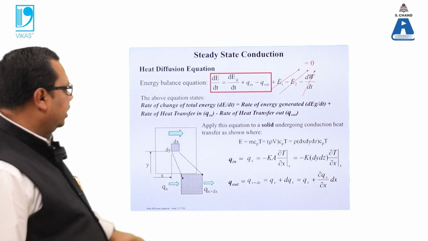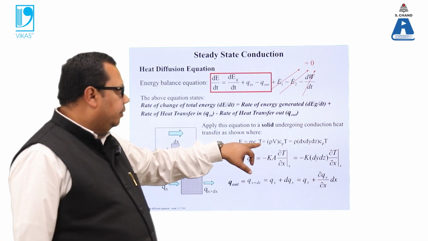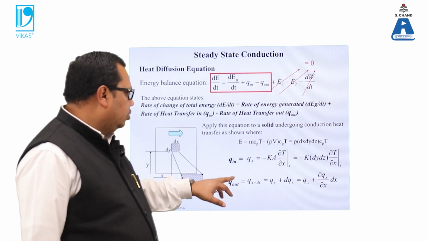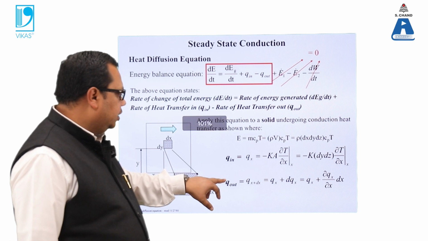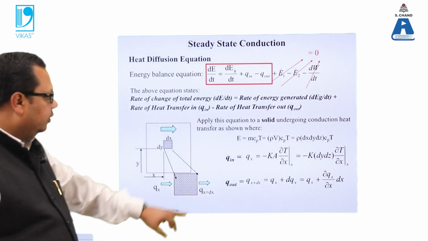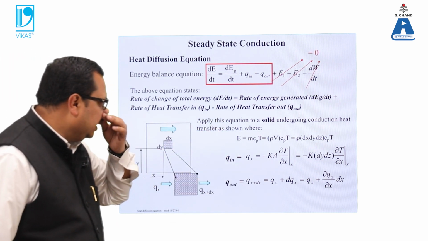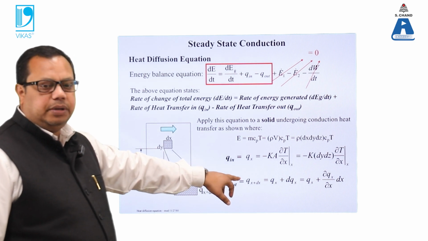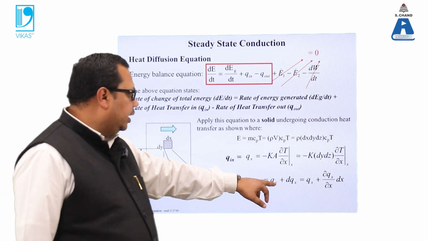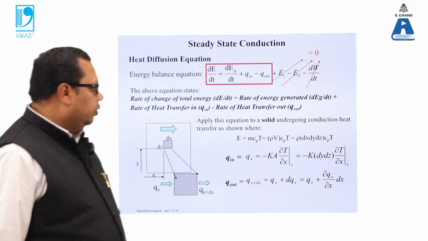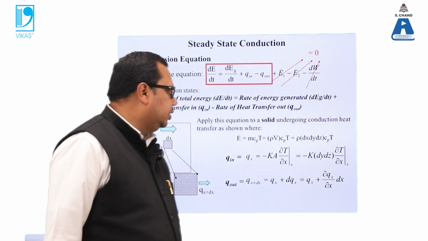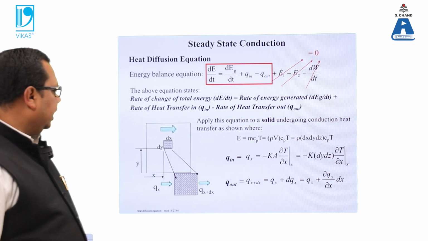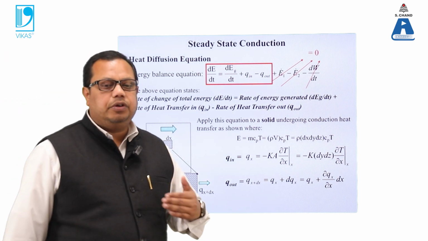Here E is equal to m Cp T, that is rho V Cp T. This is the input equation where we calculate the Qx, and this is the output equation where we see Q(x+dx). When we say Q(x+dx), it means Qx plus dQx, which is equal to Qx plus (d2Q/dx) into dx.